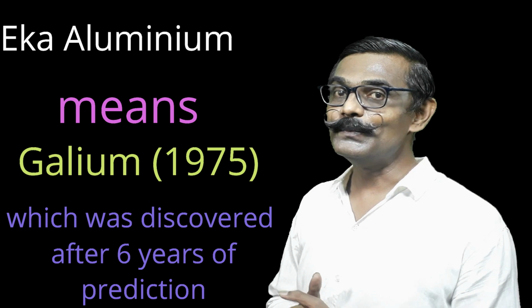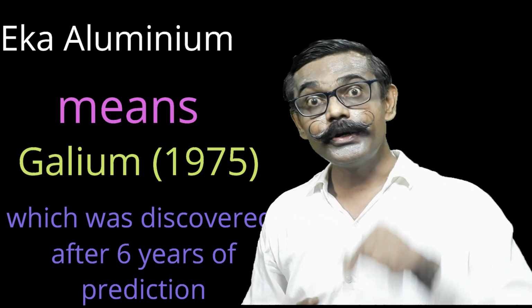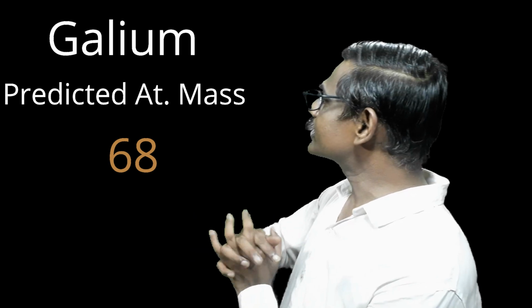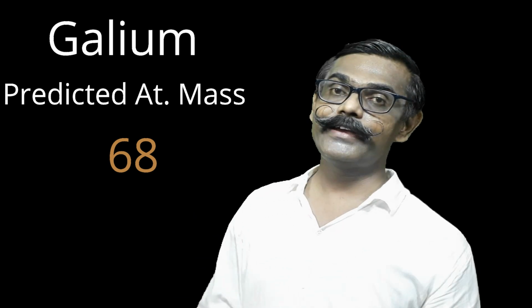Eka means one step below. Below boron, there will be eka-boron, eka-aluminum, eka-silicon. Afterwards, people discovered that eka-aluminum means gallium. He predicted its atomic weight will be 68. When it was discovered, people found its atomic weight as 69.7.